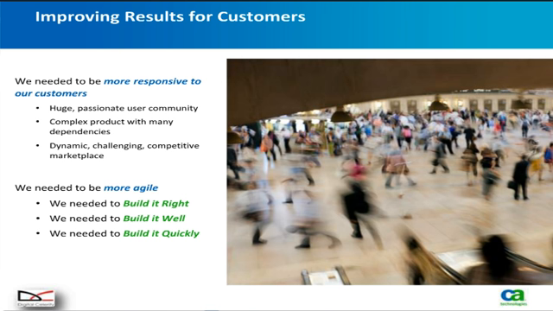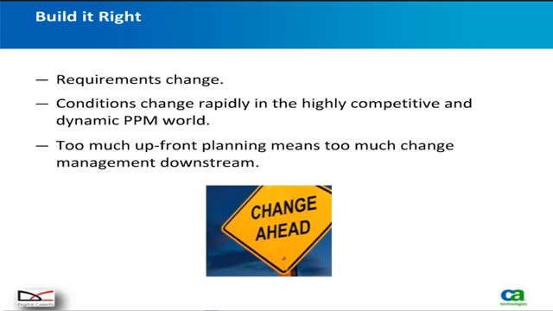A lot of you on the call may be in IT organizations doing product development for your internal customers, but they're really the same concerns: understanding what your customers need, being quickly responsive to them, and getting them those solutions as quickly as you can. You've talked about building it right, well, and quickly. That's certainly very easy to say and a lot more difficult to do. Could you talk in more detail about each of those?